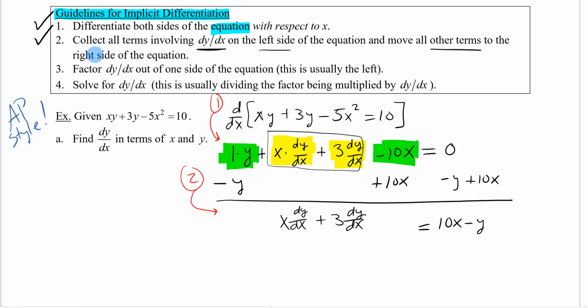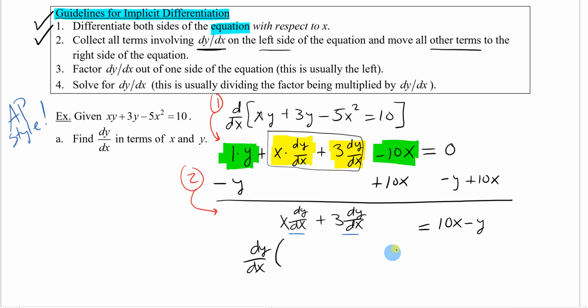Now, step 3 says factor dy dx out of one side of the equation. This is usually the left side if you follow step 2. So let's go ahead and do this. I see that I have dy dx here and dy dx here. Let me use a different color. Here and here. That means I have a common factor. So I'm going to factor out dy dx.